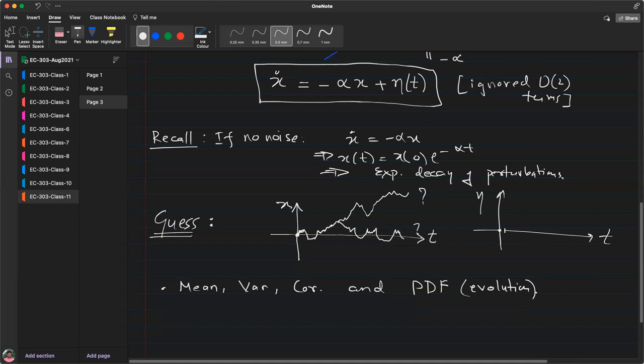Where will this be along this? It's a Gaussian random variable. It could take any value between minus infinity and plus infinity, but most likely some value between minus 3 sigma and plus 3 sigma. All of you agree with that? With 99% probability, it will be between minus 3 sigma and plus 3 sigma.